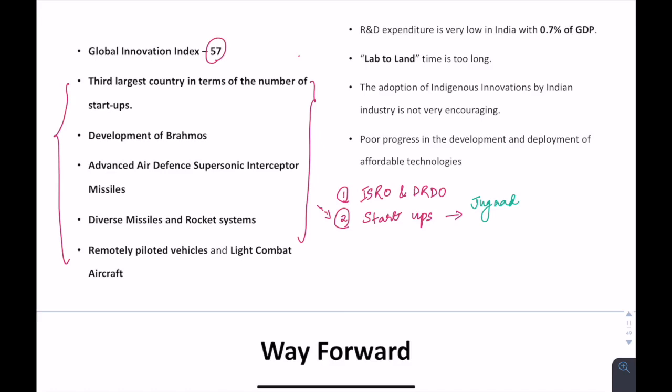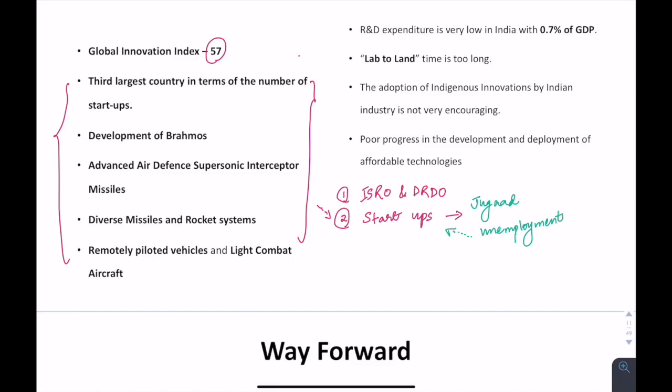And the second and very important reason is that high unemployment in India has made people so desperate to look for other opportunities that instead of looking for jobs anymore, they have started working on their own. So the problem of unemployment has given rise to a big industry, and that is the industry of startups in India.